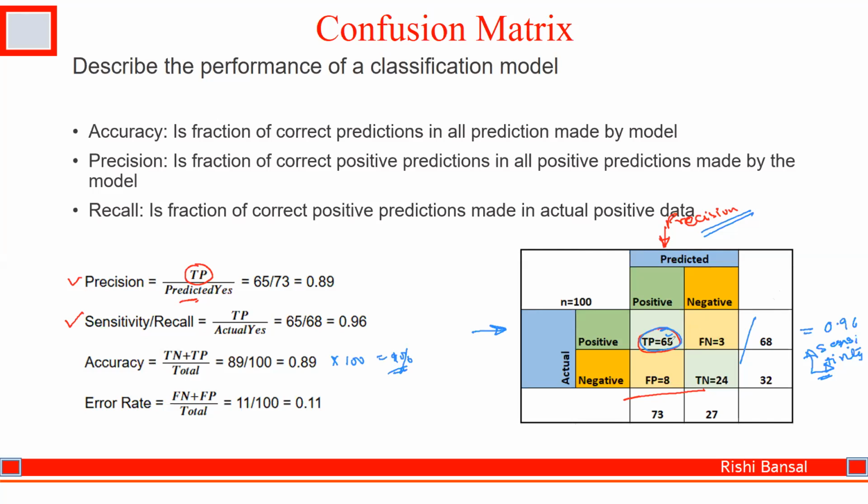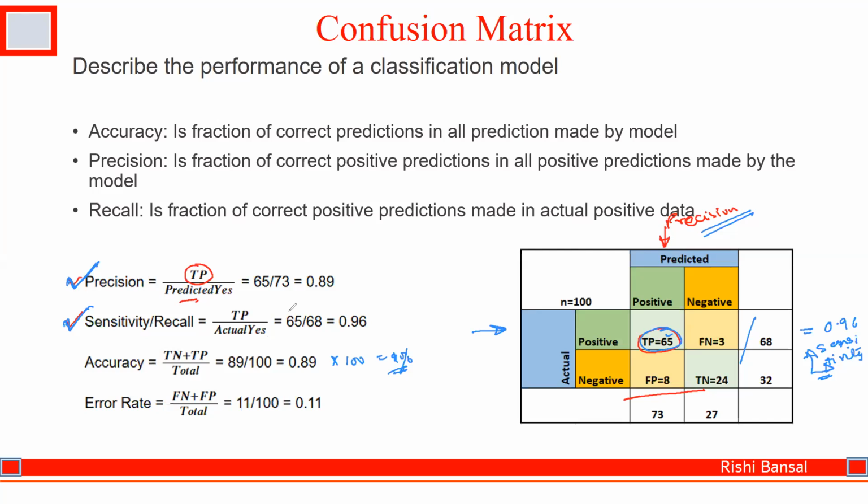That is fine. But 65 by 68 is not accuracy. This is sensitivity. A different term is used here. And if it is 65 by 73, then it becomes precision. We'll explain by taking a case study.